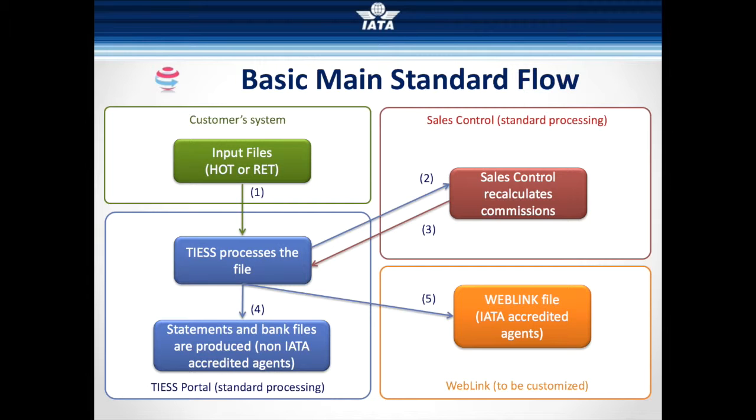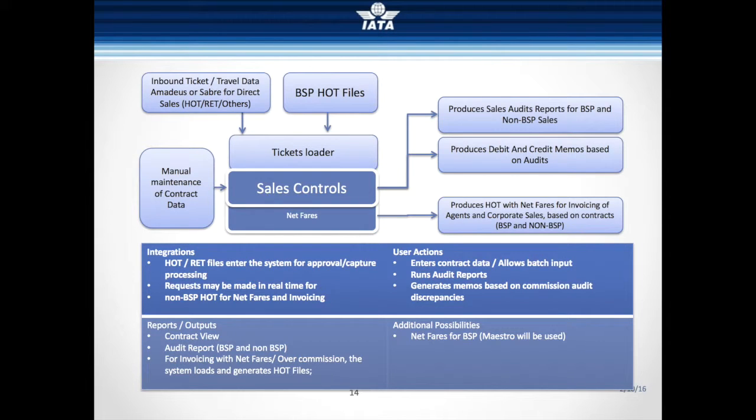On a more detailed view, you would be checking travel data coming in. Again, we even have a sample of BSP hot files. Always thinking about the 2 moments, prior to invoicing and post-invoicing.